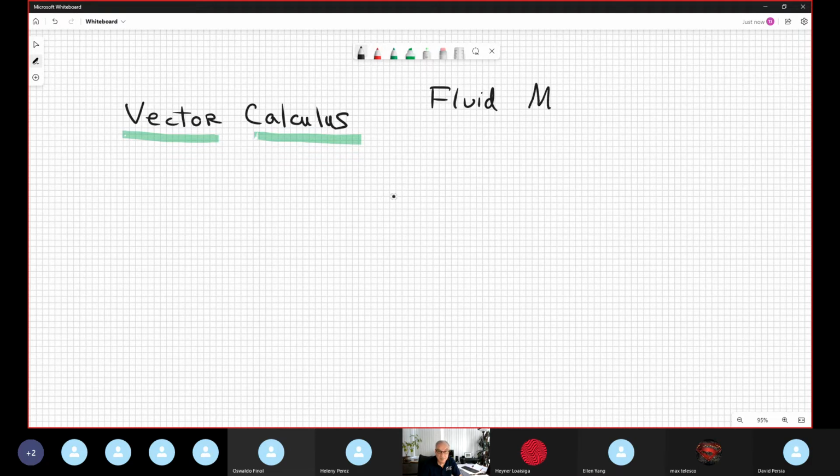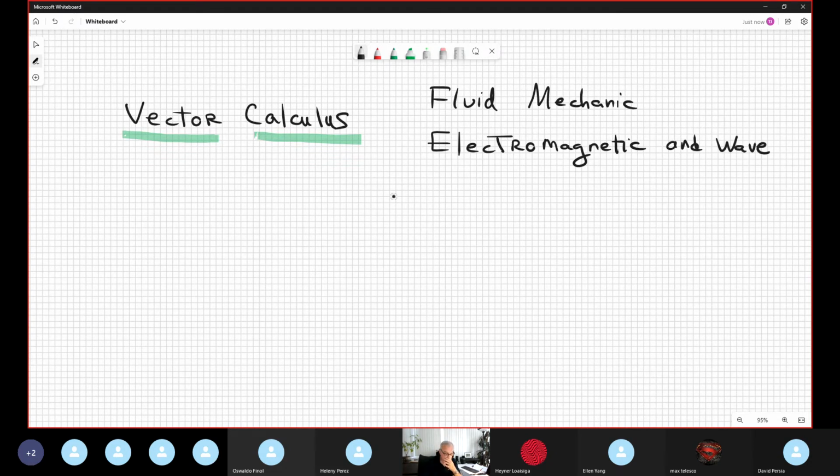Fluid mechanics is one important subject for engineers. You need to understand vector calculus very well. And electromagnetism. I promise that on the last day I want to explain something about electromagnetism. Some universities call it electromagnetic, another calls it electromagnetic waves, depending on the school.